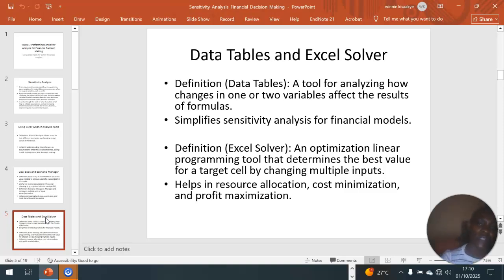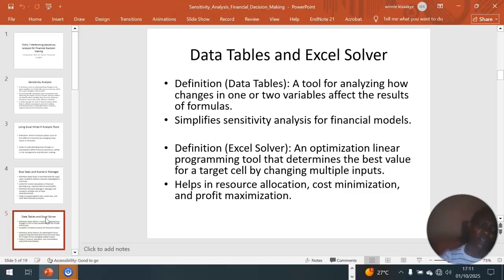In most cases, solver works like goal seek. Just that goal seek deals with only one variable, but with solver, you're dealing with very many variables.